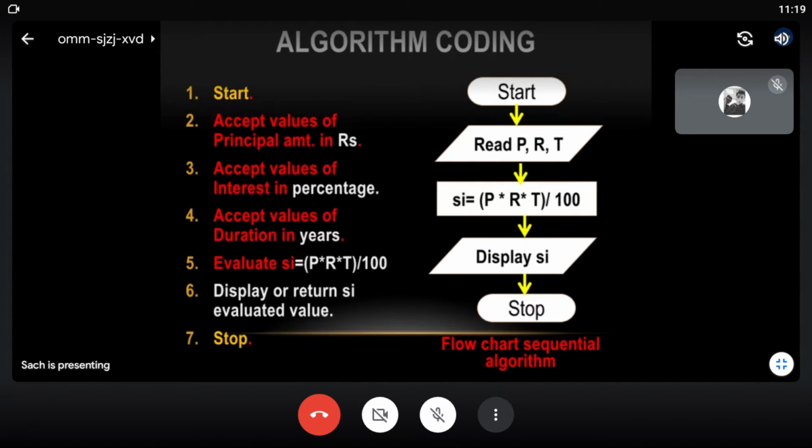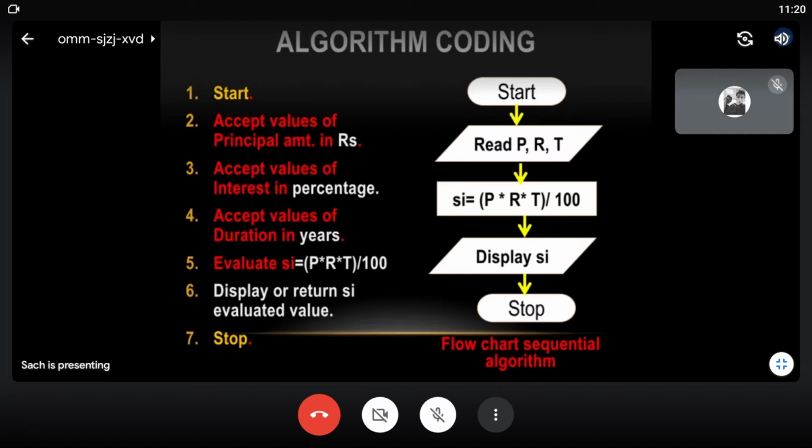We can have control statements such as if, and loop statements in algorithm. So as we move forward, we will study that also.